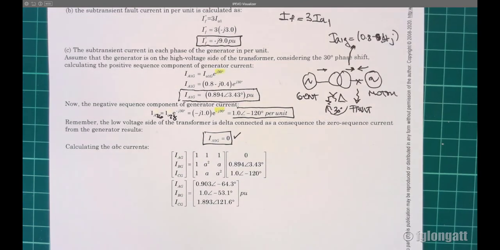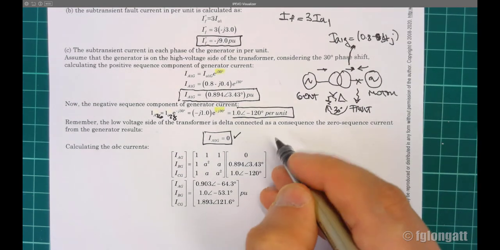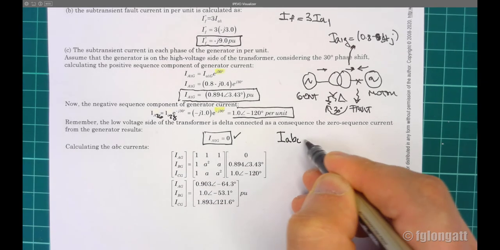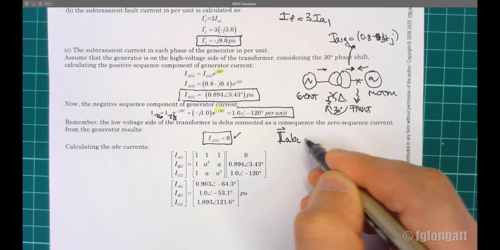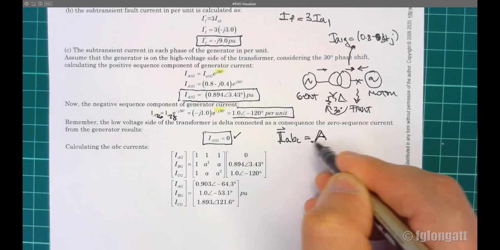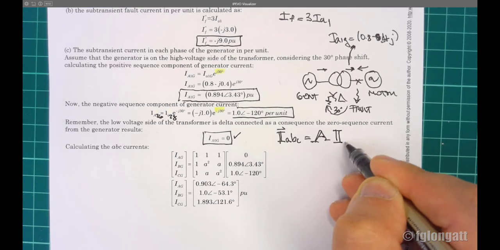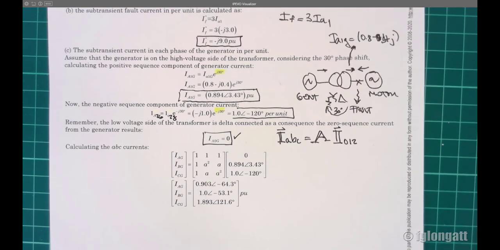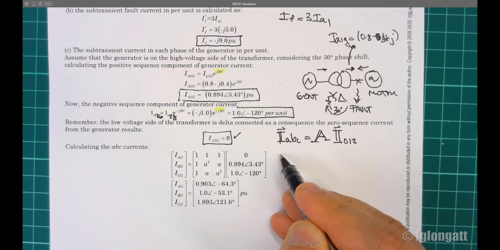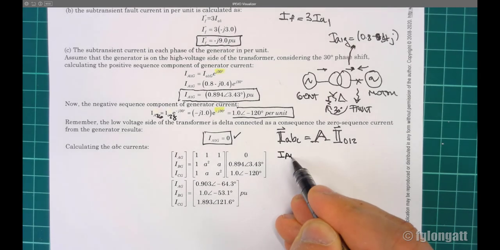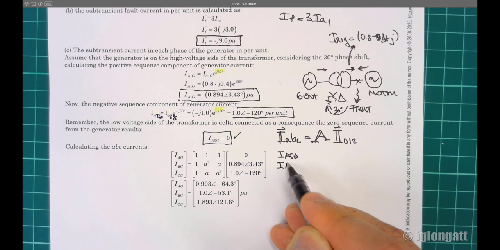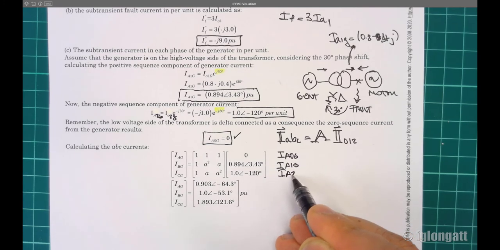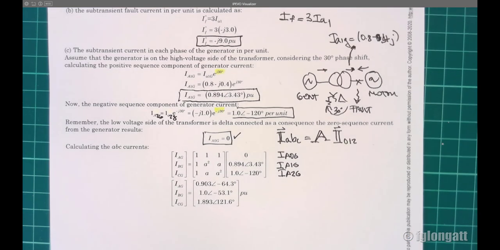This is the last part that we need to do, okay? You must remember that to calculate the A, B, C components, you need to use the matrix A and the vector representing the components 0, 1, 2, okay? And that is what we are doing here. This is the zero component coming from the generator, this is the positive sequence coming from the generator, and this is the negative sequence coming from the generator, okay?